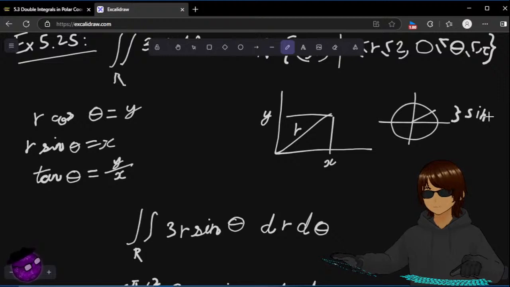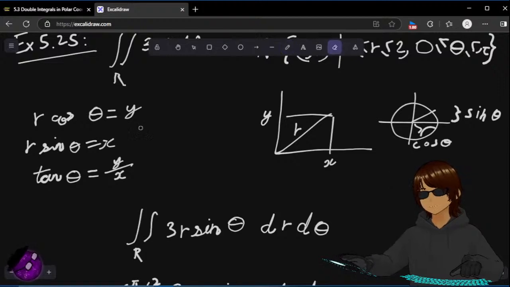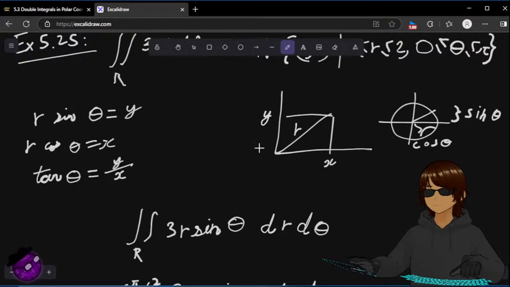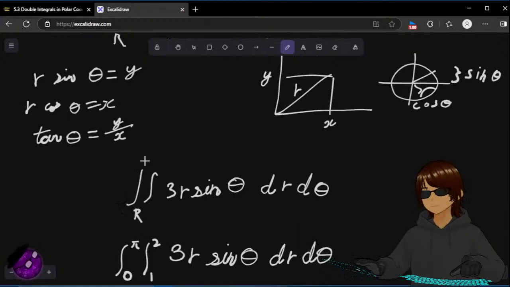This is sine theta. This is cos theta. Cos is the current x value. I don't know why I was getting confused. Sine gives the y value. So y over x. So this here is not sine, it is cos. But okay, that I understand.